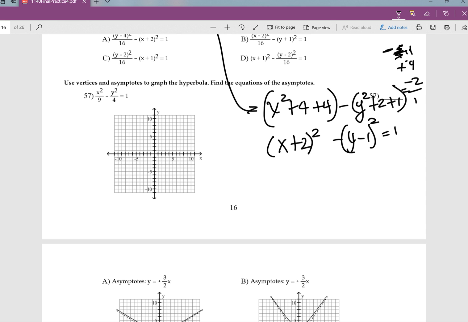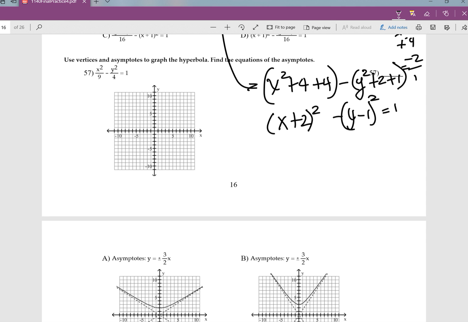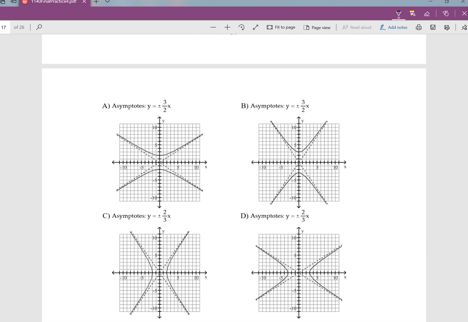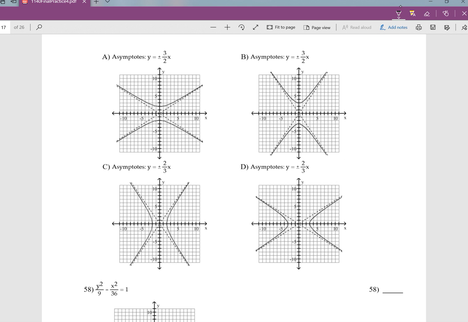For 57, we have a hyperbola again with a leading x squared, so the x is the leading term. We're supposed to match this to the correct graph. And so given that, the correct graph would have to be with the asymptote 2/3 plus or minus, and D would be your answer.